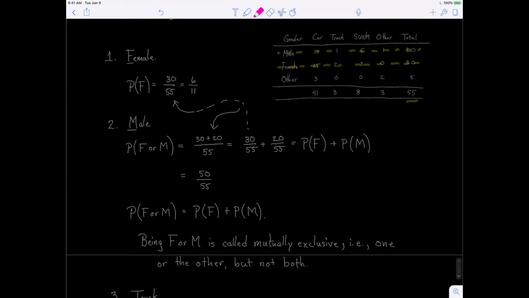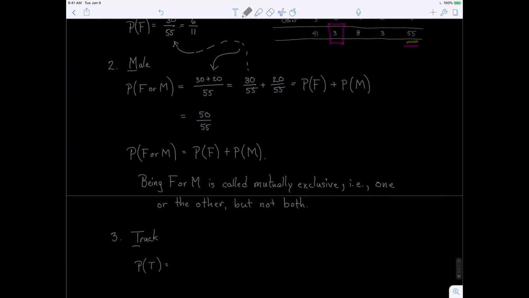How about the pink? The probability that someone drives a truck is right there. There's 3 people that drive a truck out of the 55 total people that we have. So we'd say the probability that someone drives a truck is 3 out of 55. Okay, so that seems straightforward too.